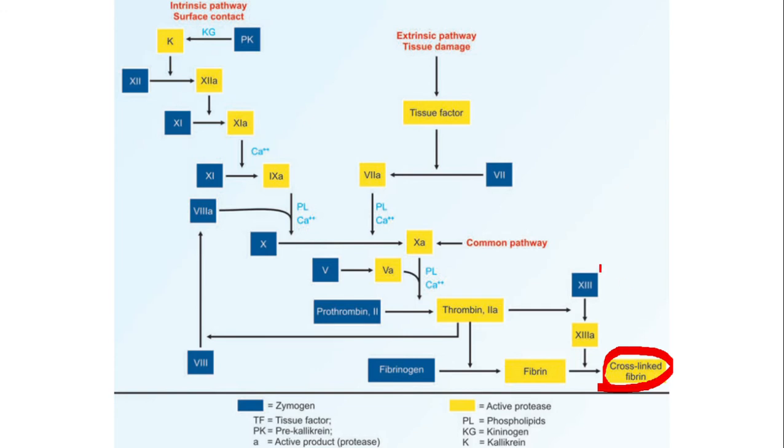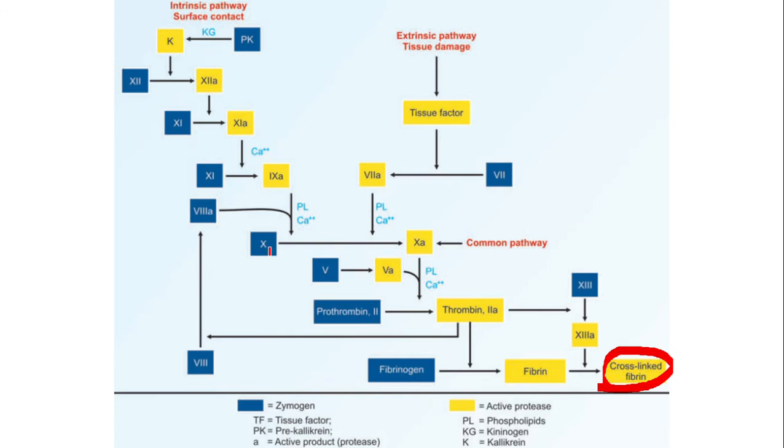And basically, a factor called factor 10A is to be produced. The different proteins and other factors concerned with blood coagulation are given a number using Roman numerals. You can see here factor 12, factor 11, factor 8, 5, 10, like that. You can see different factors are there.